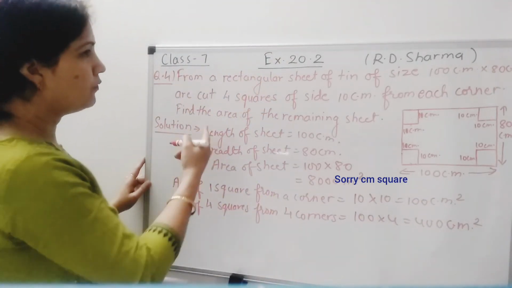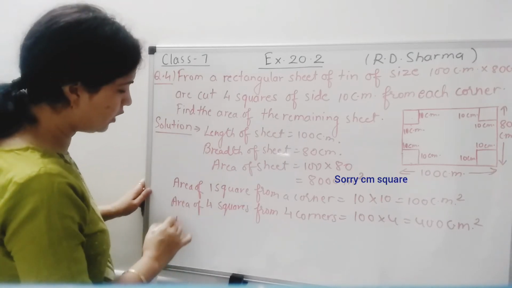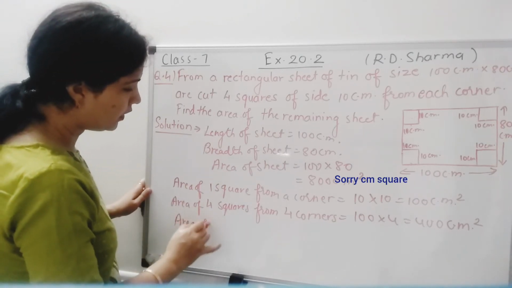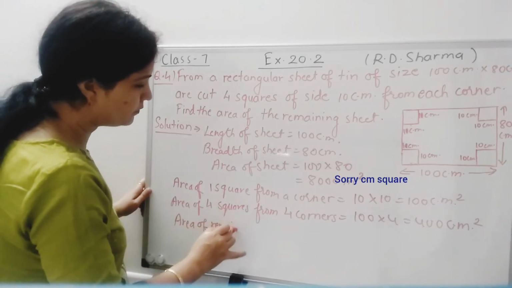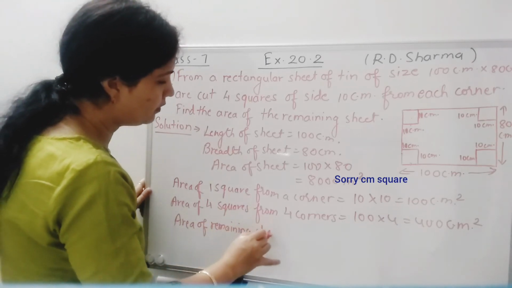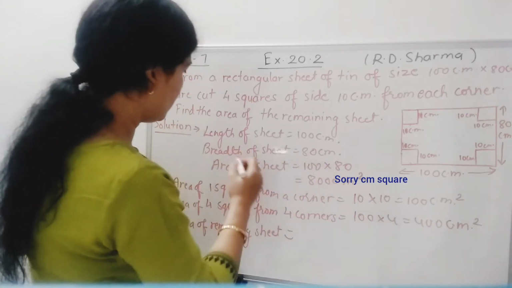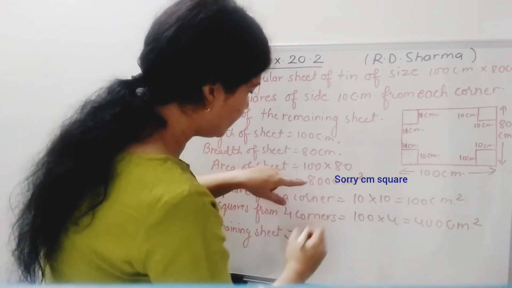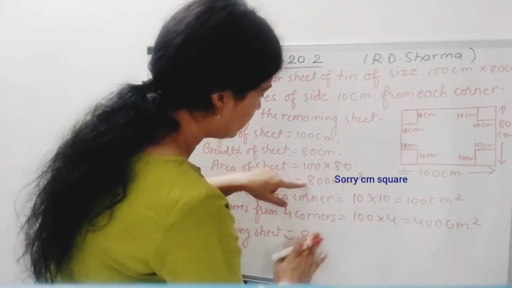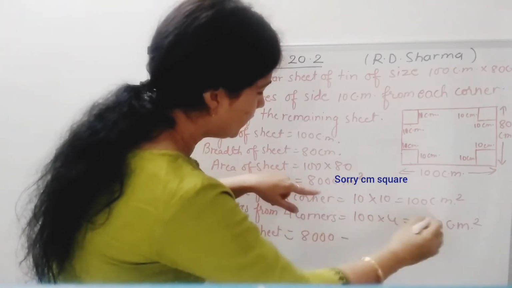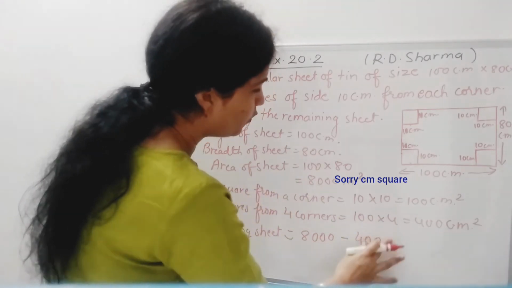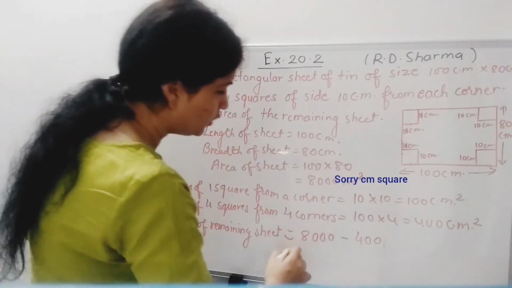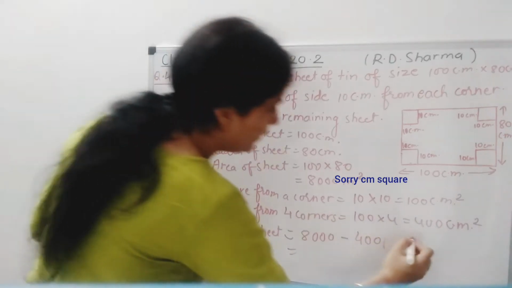Now we have to find the area of the remaining sheet. So the area of the remaining sheet will be the area of the whole sheet, 8000, minus the area of the 4 corners. So 8000 minus 400, how much will you get?